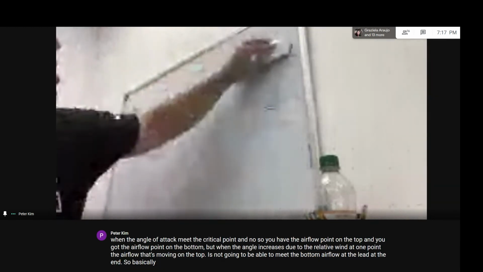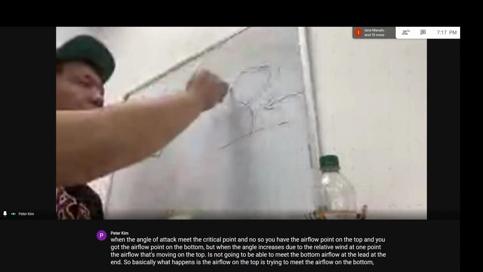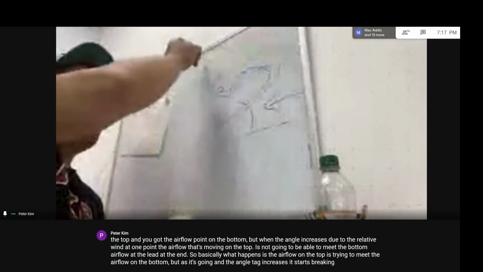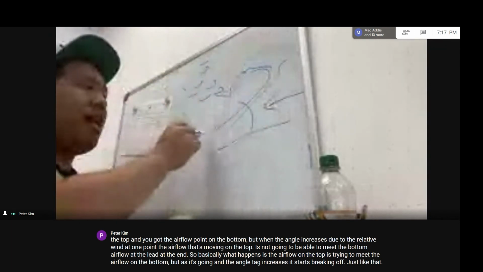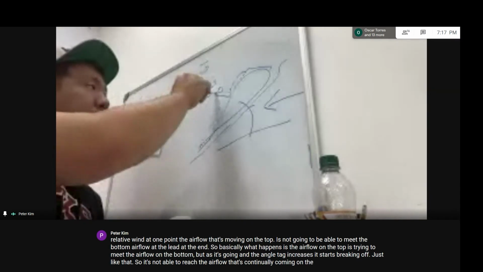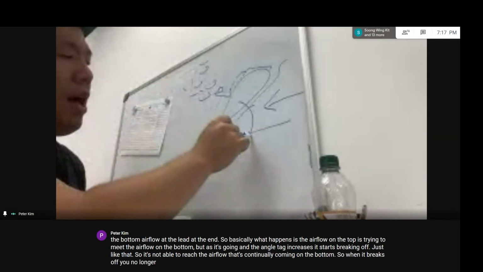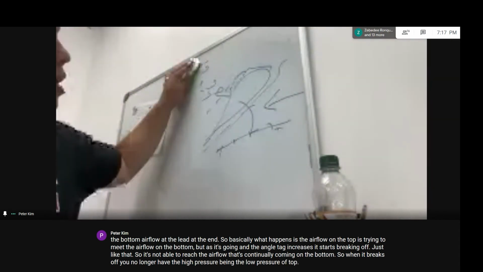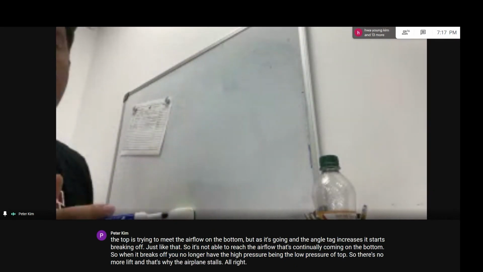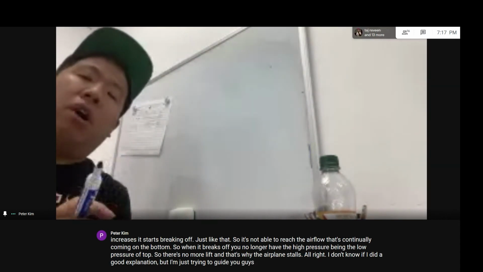As the angle of attack increases, it starts breaking off, just like that, so it's not able to reach the airflow that's continually coming on the bottom. When it breaks off, you no longer have the high pressure meeting the low pressure up top, so there's no more lift, and that's why the airplane stalls. All right, I don't know if I did a good explanation, but I'm just trying to guide you guys into the ballpark area.